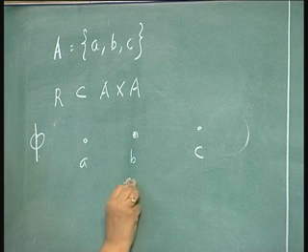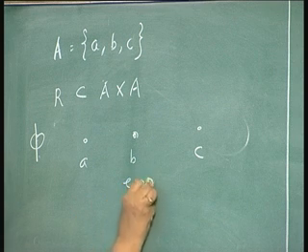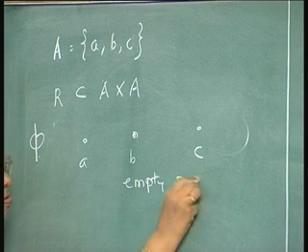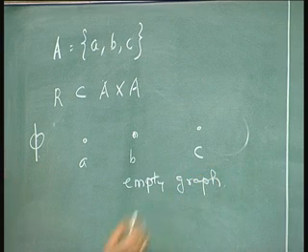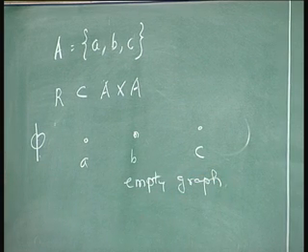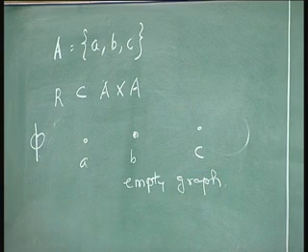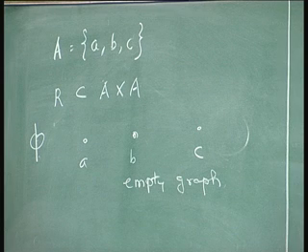This is called the empty graph. There are vertices but no edges between them.